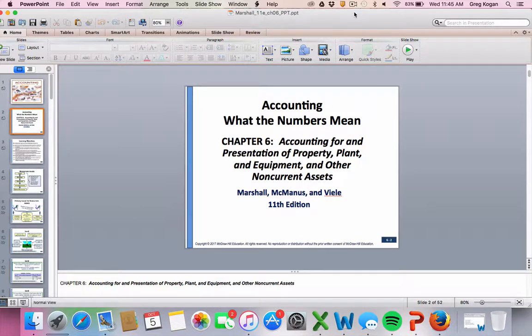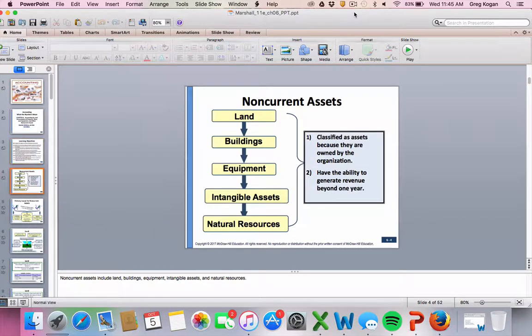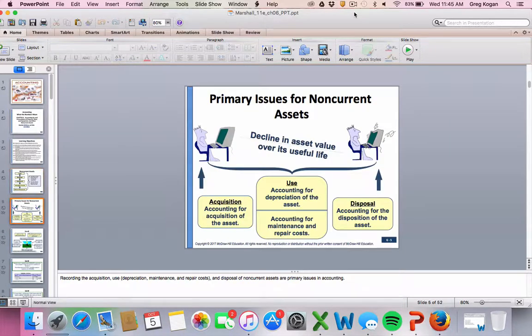With this chapter, what we're going over is depreciation and looking at non-current assets in terms of land, building, equipment, and there could also be intangible assets in this group of assets.